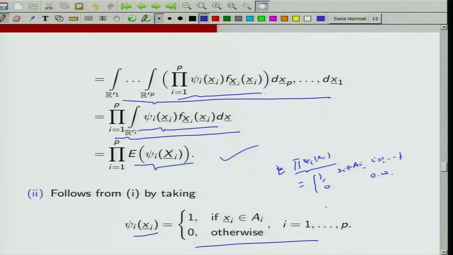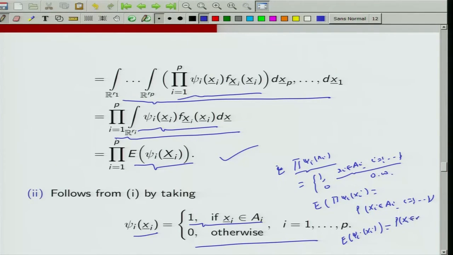And so, the expected value of the product of psi_i(xi) would be the same as 1 times the probability of this, which is the probability that xi belongs to Ai for all i. And the expected value of psi_i(xi) is nothing but 1 times the probability that xi belongs to Ai.